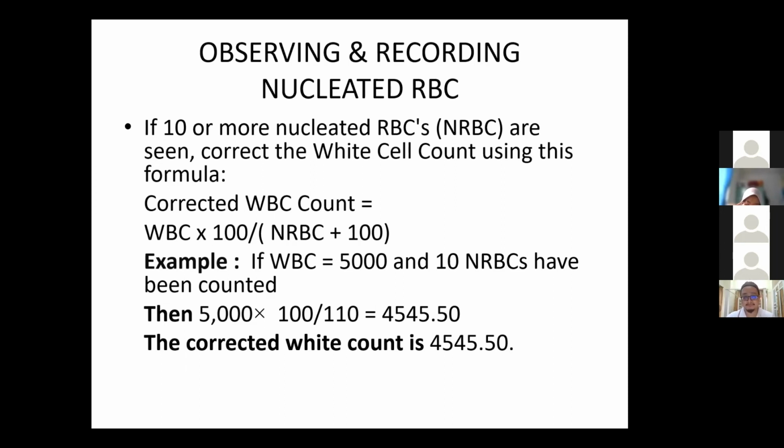Yeah. So we make the assumption that some of the WBC that we have counted could have been nucleated RBC. So this is a guesstimate of the number of nucleated RBC, and then we get the corrected white cell count.